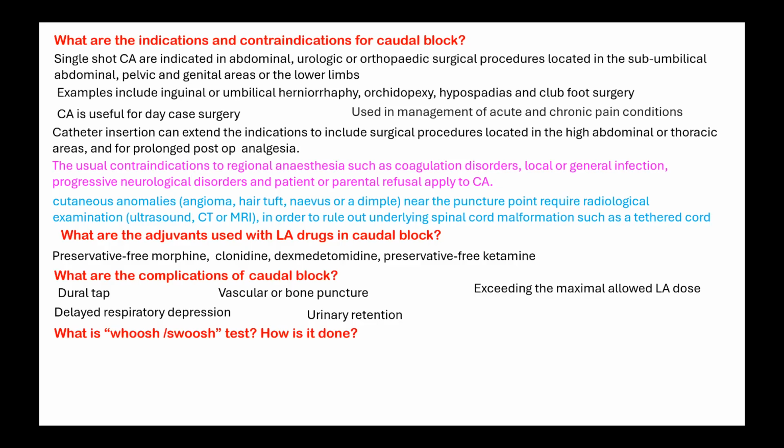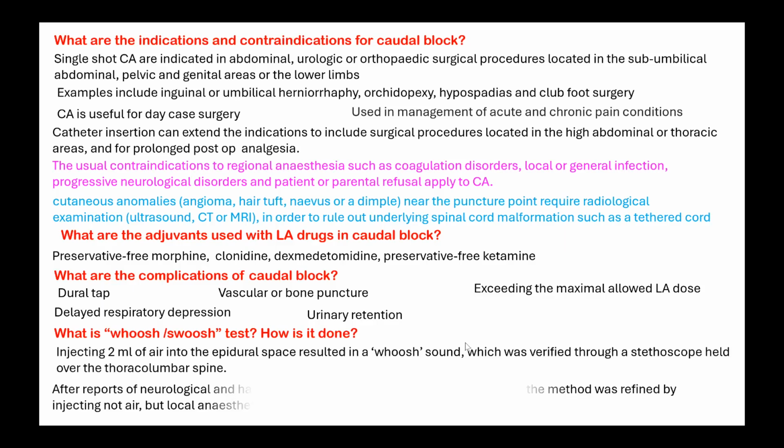But this later on produced some neurological complications, because the air stretches the nerves. So they replaced it by using 2 ml of saline or local anesthetic instead of air. When you do that also, you get some sound. The earlier air injection is called the whoosh test. Later, when it was modified to use local anesthetic or saline 2 ml for identifying the sound, it was called the swoosh test.